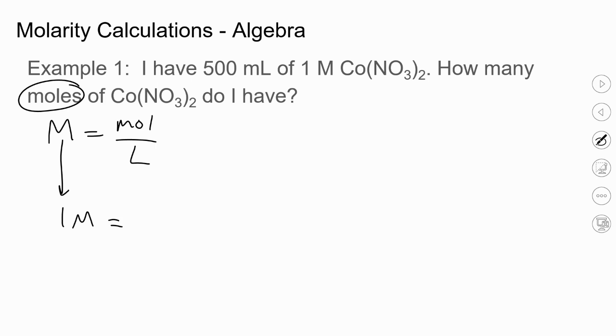We don't know how many moles, so I'm going to write an X. We do know how many liters. It tells us 500 milliliters, which is 0.5 liters. So if we multiply across, we're just doing an algebra problem. We have X divided by 0.5. I'm going to multiply both sides by 0.5.